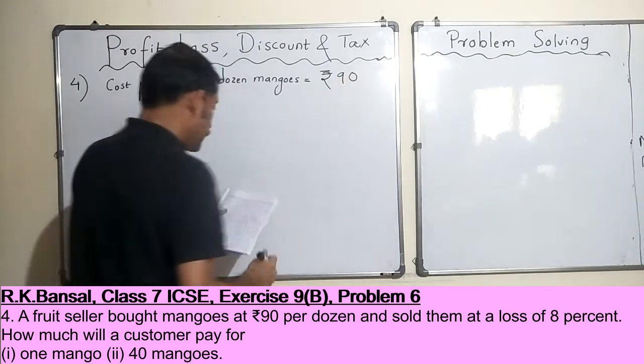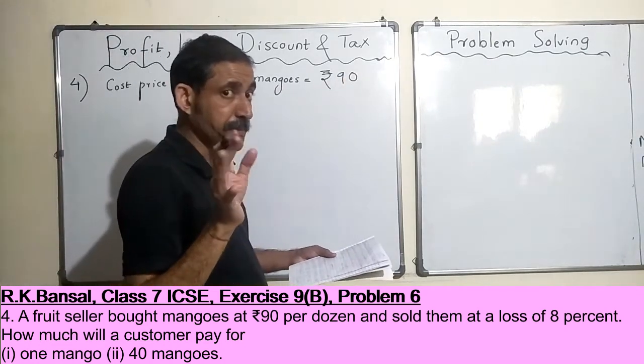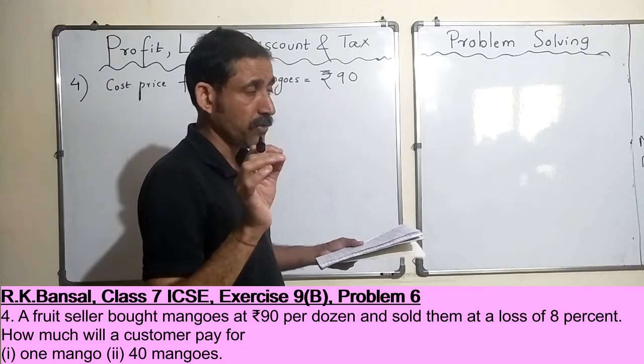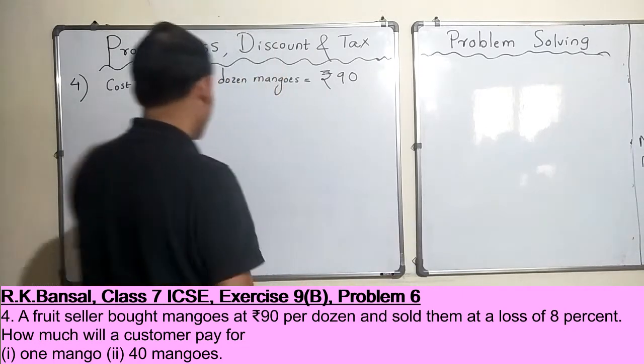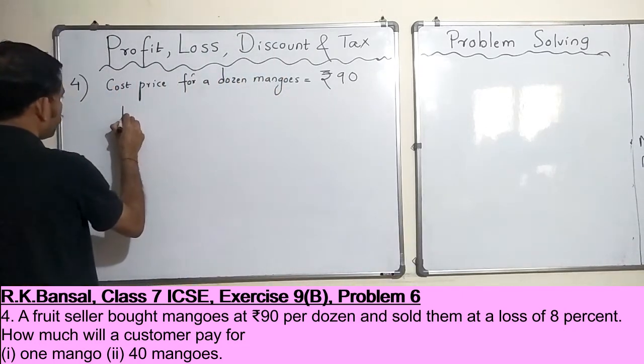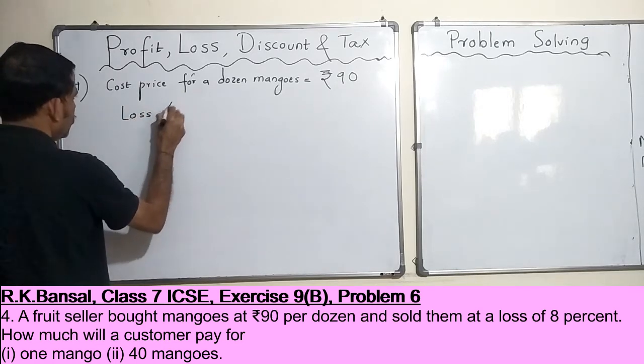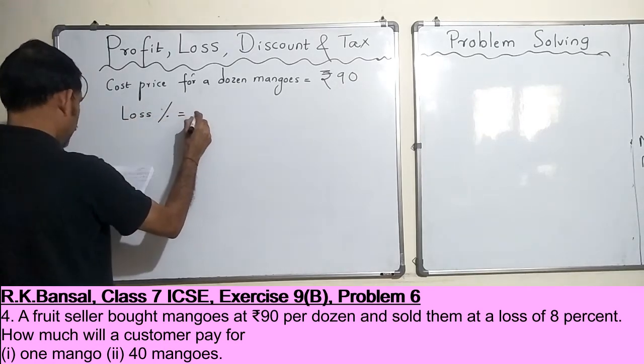Okay, and he sold them at a loss of 8%. So definitely we know that it is loss and he has given it as a percent. So loss percent is equal to 8, correct?